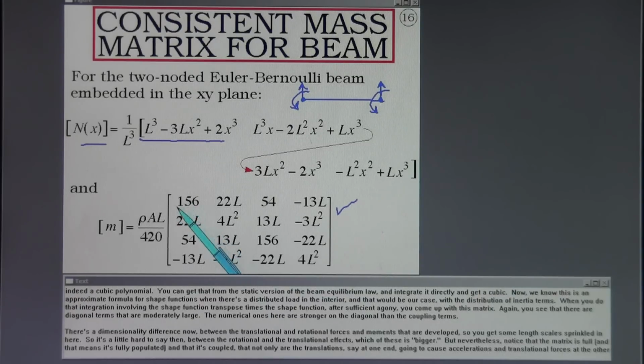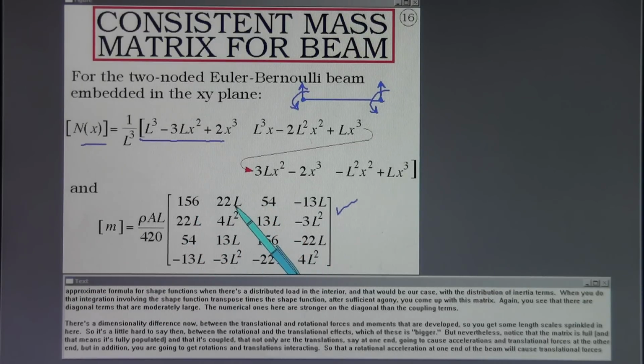The numerical ones here are stronger on the diagonal than the coupling terms. There's a dimensionality difference now between the translational and rotational forces and moments that are developed, so you get some length scales sprinkled in here. So it's a little hard to say then between the rotational and translational effects which of these is quote bigger.